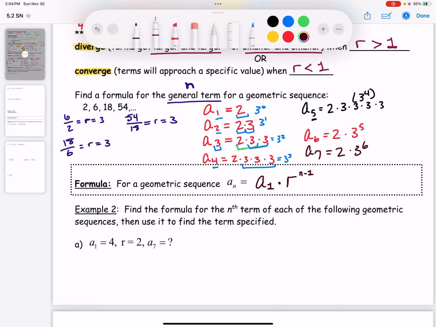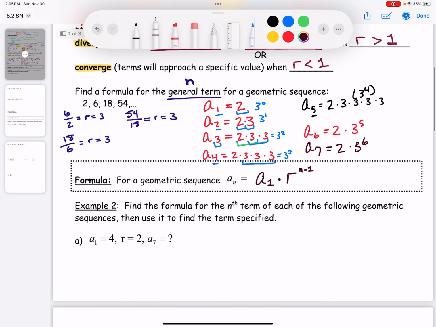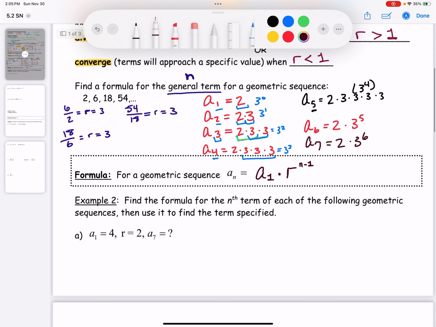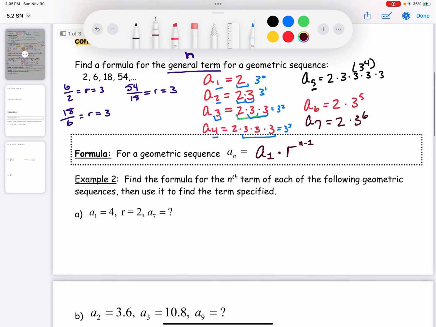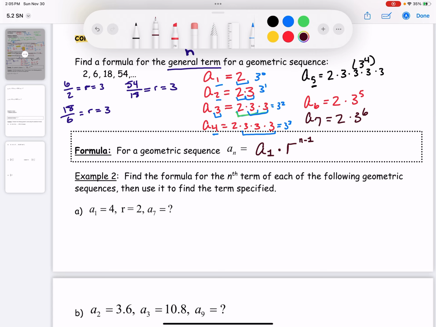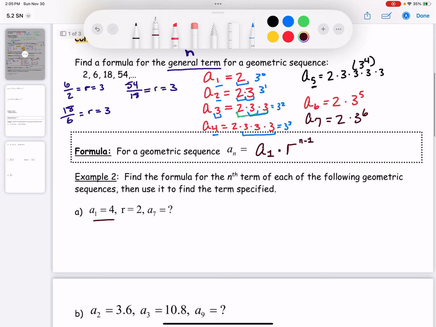Excuse me. Using that, let's see if we can find our general term and the unknown term. So first, they tell us that A1 is 4, ratio is 2. We're looking for 7.